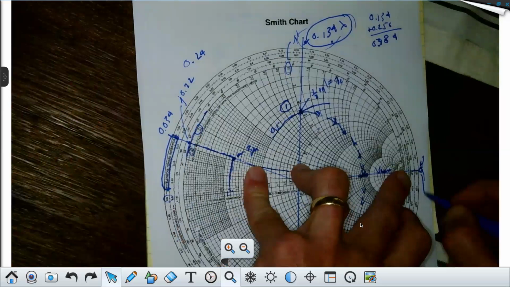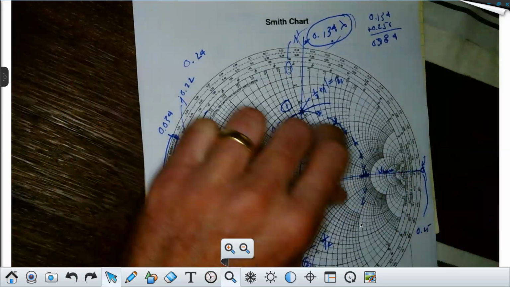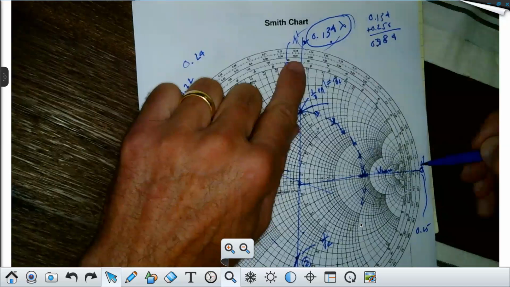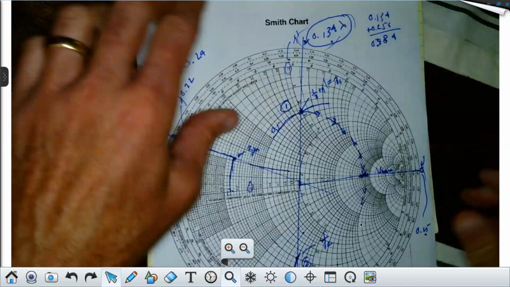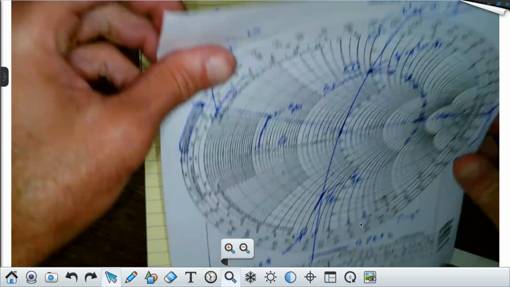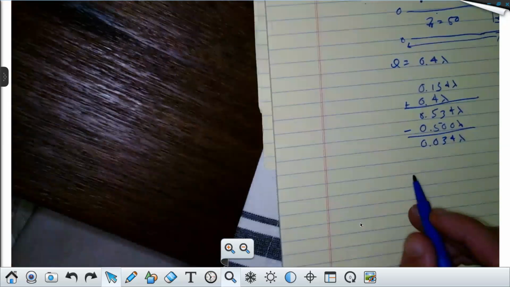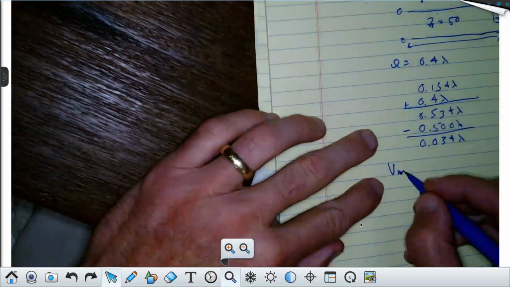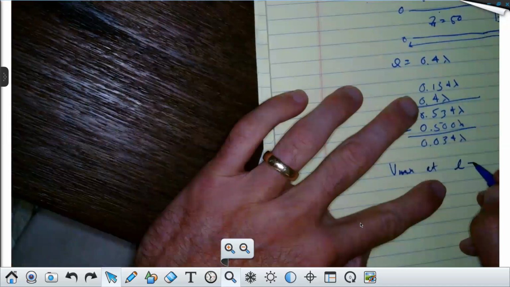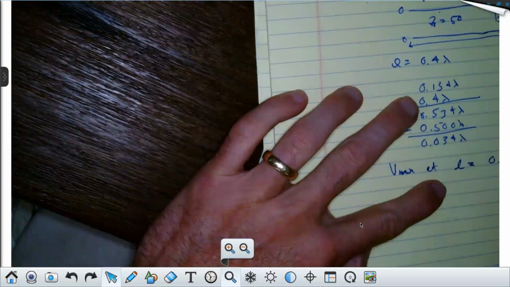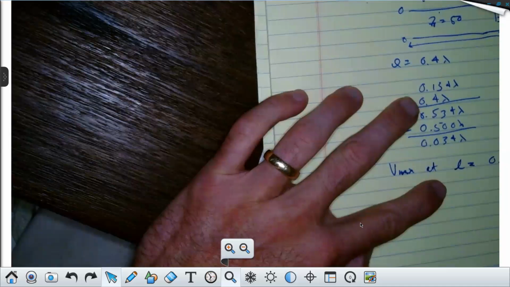It's 0.25. So the distance from here to here would be 0.25 minus 0.134, which means, if I come down here, it means that the voltage maximum Vmax would be at a distance L equals 0.25 minus 0.134 lambda.